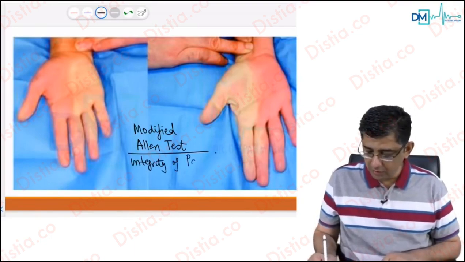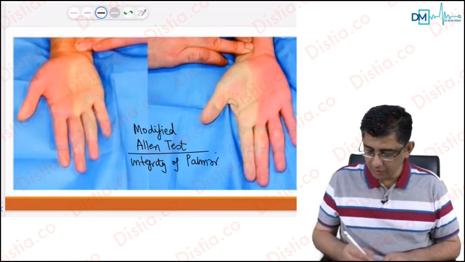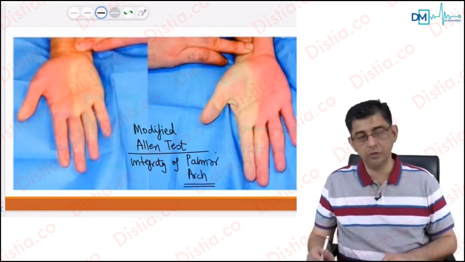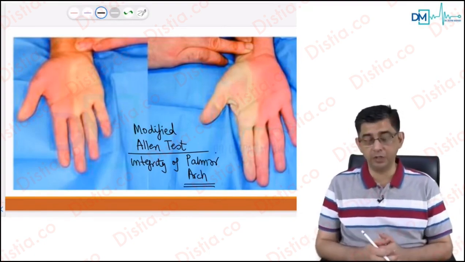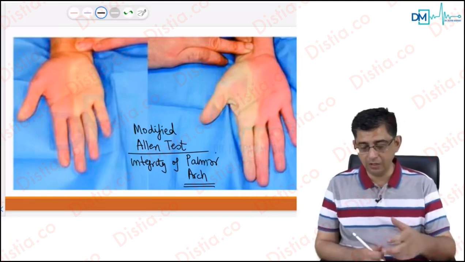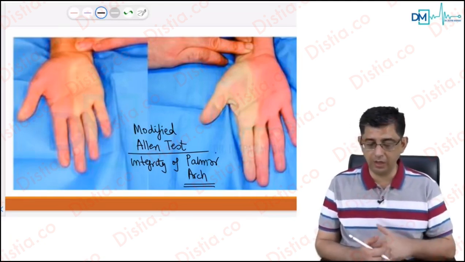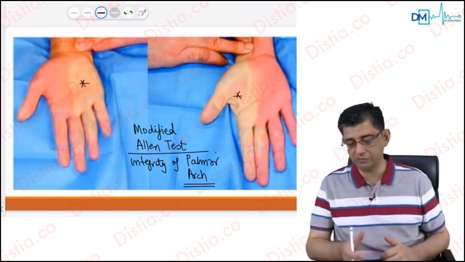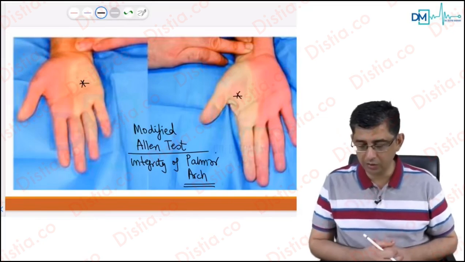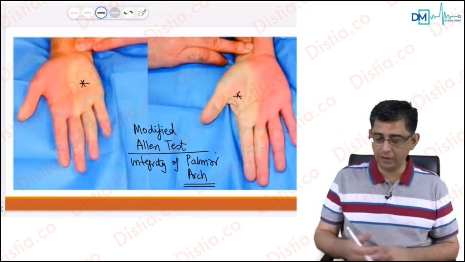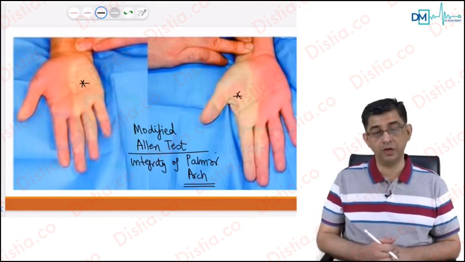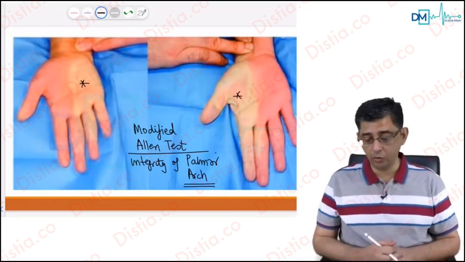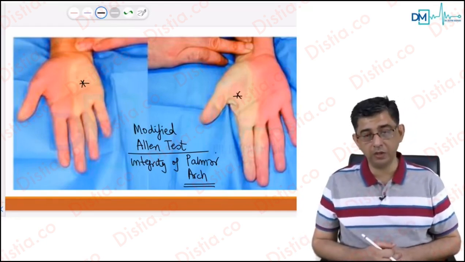You will be serially releasing the radial artery and the ulnar artery, and you will notice that in a normal individual, the entire hand will become flush and red, but if there's an insufficiency in the palmar arch, then the entire palm will not become red. In the image on the right, though you have released the ulnar artery, the entire palm is not flushed, and on the left hand side vice versa, the entire palm is not red though you have released the radial artery of the patient.